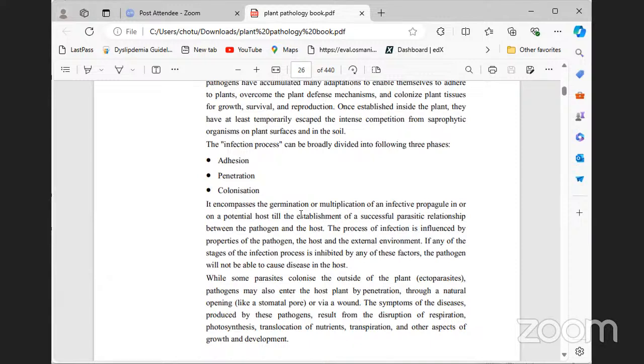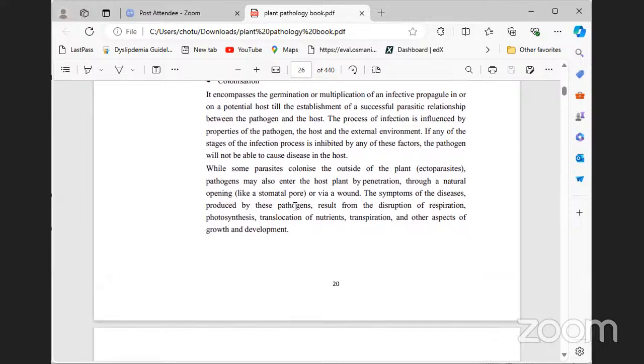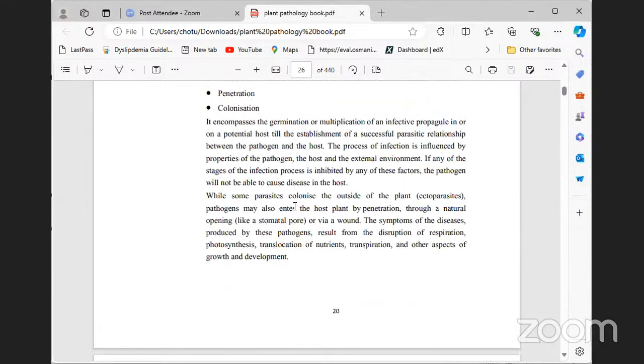First is disruption of respiration, second photosynthesis, next translocation of nutrients, next transpiration, and other aspects of growth hormones and development. This is how the pathogen enters.